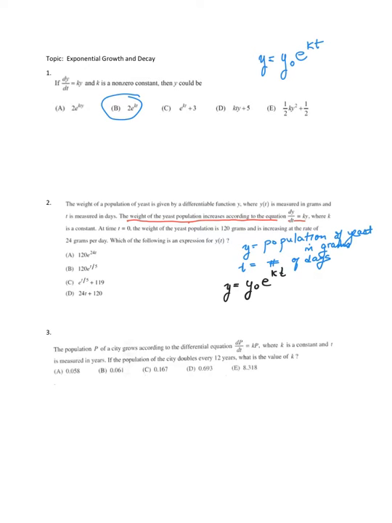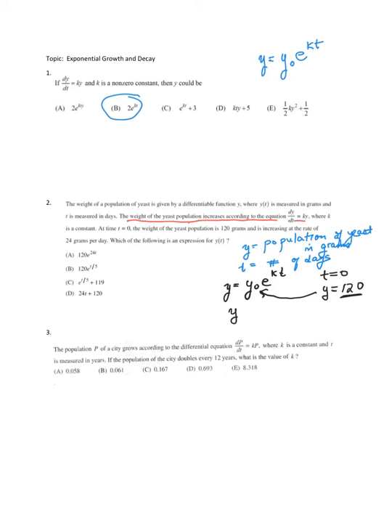At time 0, the weight of the yeast population is 120 grams. So when the time is 0, y is 120 grams. So immediately, where can we substitute the 120? Into y sub 0.